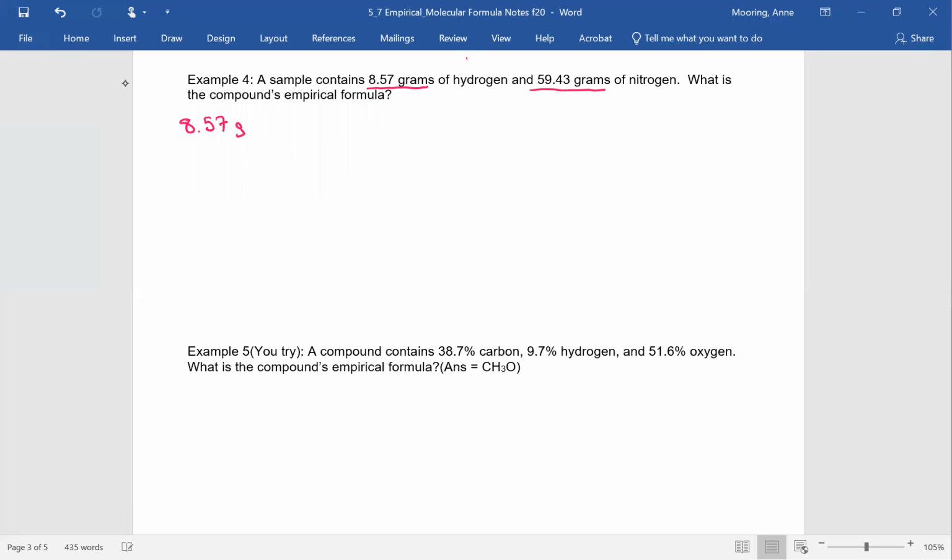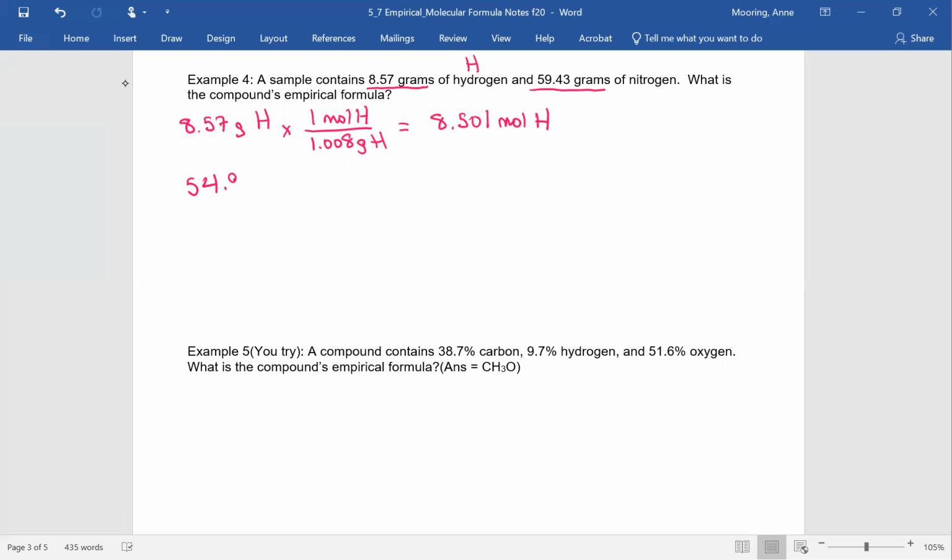Now remember, we're just going to write H, not H2, because it's part of a compound. So we have 8.57 grams of hydrogen, and we're going to cancel out the grams of hydrogen to convert to moles of hydrogen. And that's going to equal 8.501 moles of hydrogen.